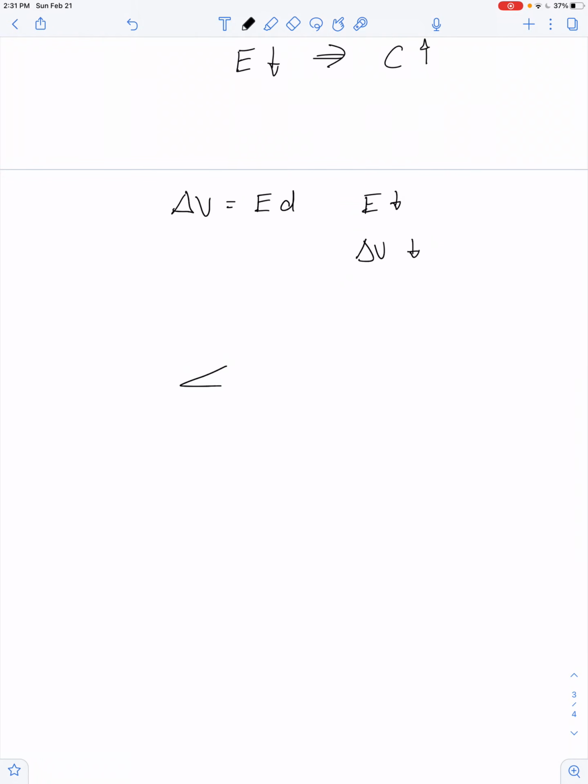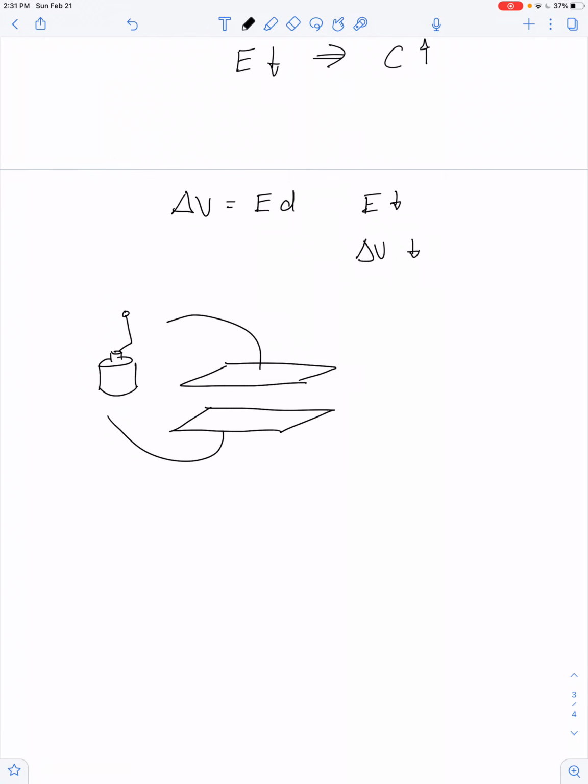So what we're imagining here is the plates were at one time connected to our battery, but then a switch is opened up once we reach electrostatic equilibrium. So whatever amount of positive charge was conducted onto the top plate, electrons were conducted off of it.